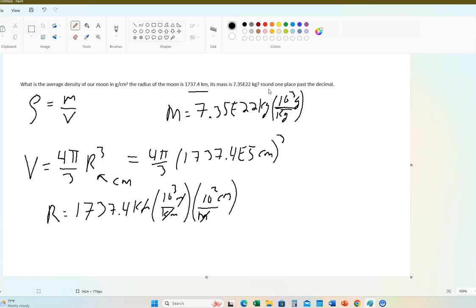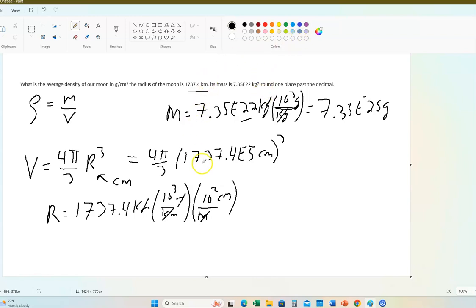The kilograms cancel, and so 10 to the 22nd and 10 to the third, you just add the two. So that becomes 7.35 times 10 to the 25th grams. All right, so that's what we're going to use.